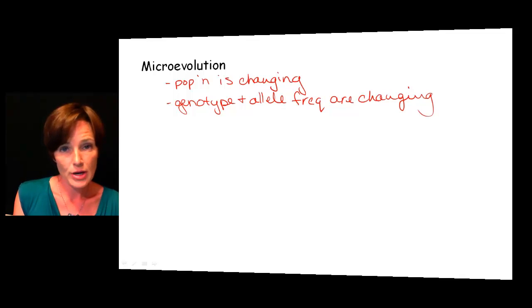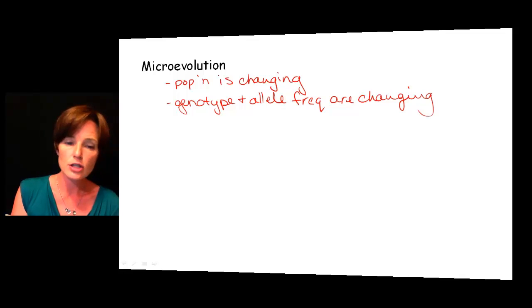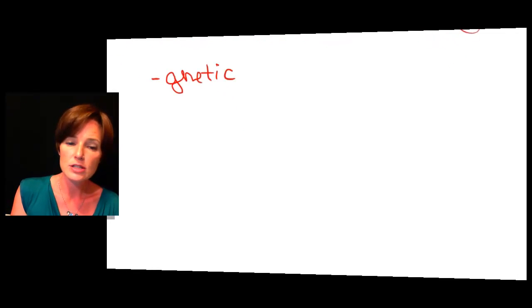So how might microevolution actually occur? Well, there's a number of ways that this could take place where we could get a changing population. We could get changes in the allele frequencies and the genotype frequencies. We're going to take a look at each one of these things. One of the ways is what we call genetic drift.